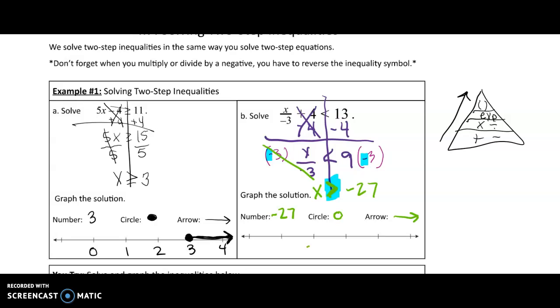So I'm going to put negative 27 on my graph with 2 numbers on either side. I have an open circle at negative 27, and my arrow says I need to go to the right. So it's every number that is bigger than negative 27, but does not include negative 27.